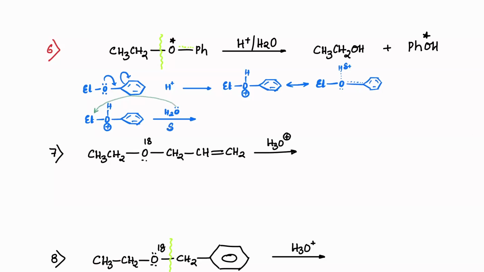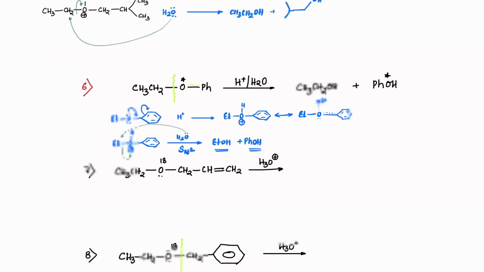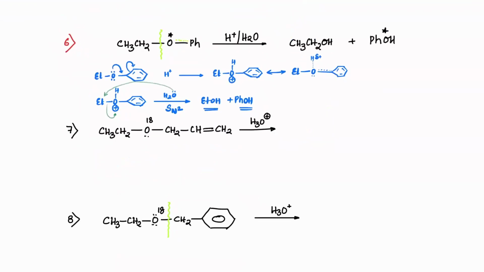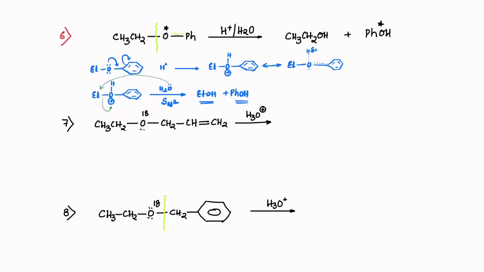So it will follow the SN2 mechanism only, and hence you will get this as EtOH, and the bond would be breaking from this end, and thus it is going to form phenol. So ethanol and phenol is the product that you will get. So wherever you have phenol, just notice that.